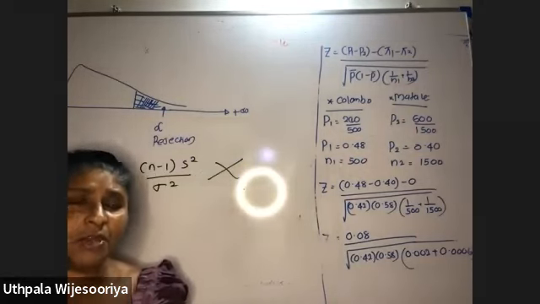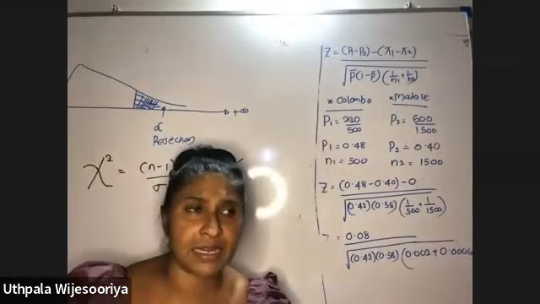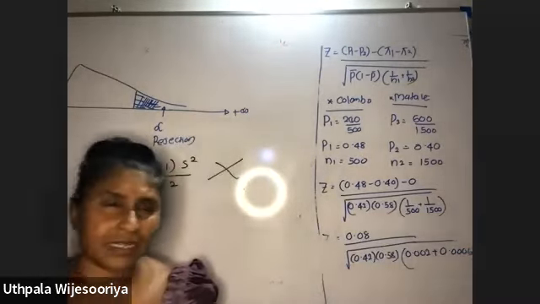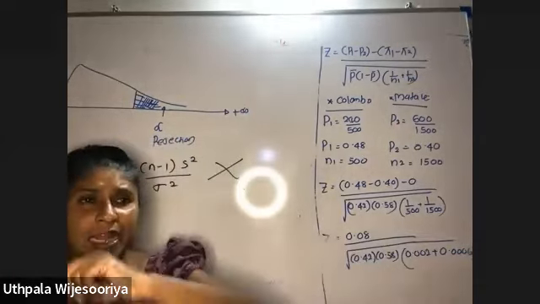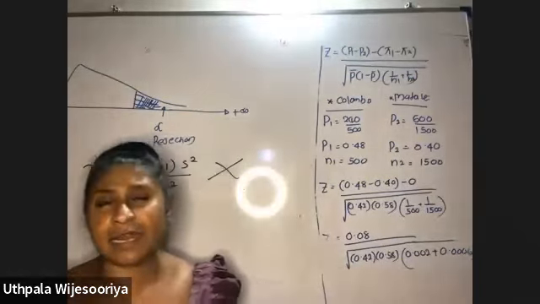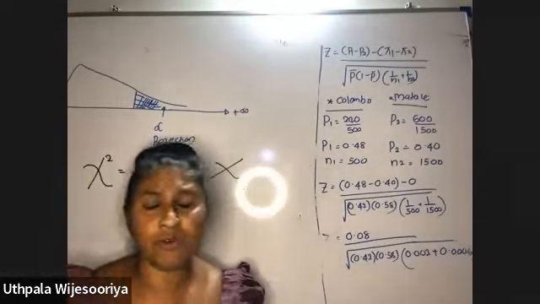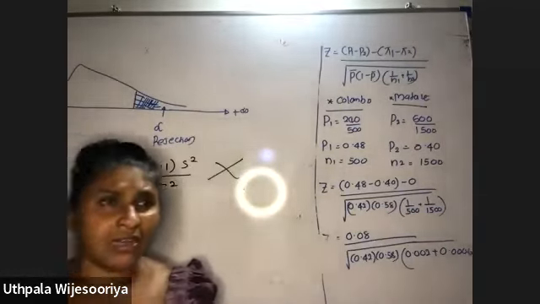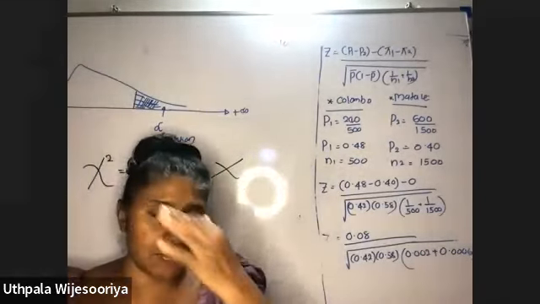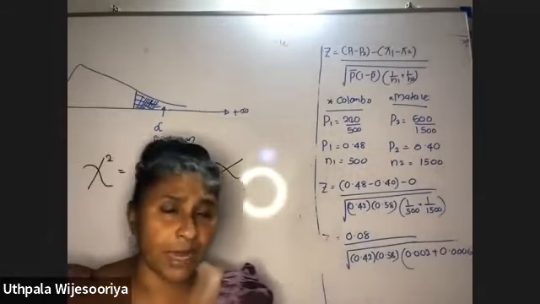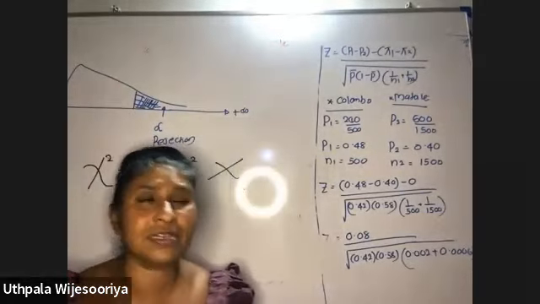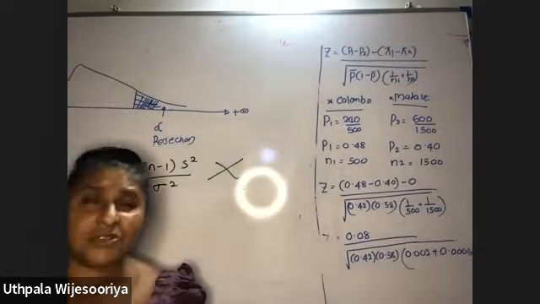They give some information, like the number of automobile accidents at a particular junction last month: 0 accidents for 15 days, 1 accident for 3 days, 2 accidents for 4 days, and so on. Then we check whether they follow the Poisson distribution, or a standard model such as the binomial or normal distribution. That is called the chi-square test of goodness of fit. The second test is not in our syllabus.